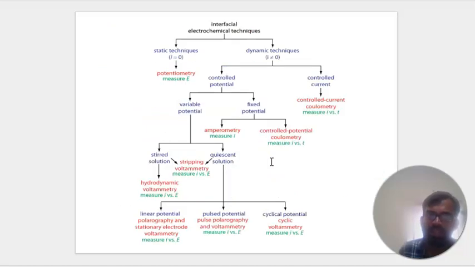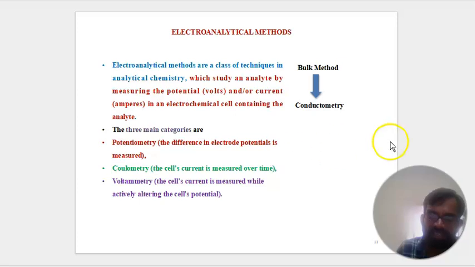Now coming to interfacial electrochemical techniques that people are using nowadays, like electroanalytical methods also. Electroanalytical methods are a class of techniques in analytical chemistry which study the analyte by measuring the potential, volts, or the current, amperes, in the electrochemical cell containing the analyte.